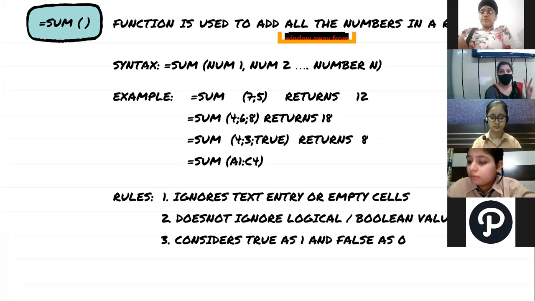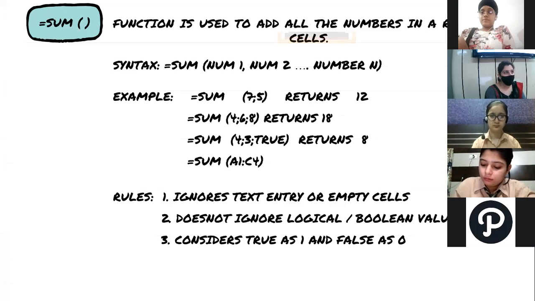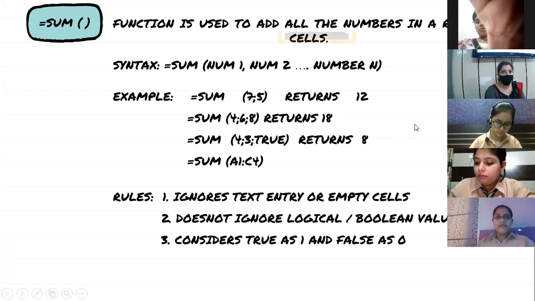We studied that there are 2 states in the computer, on and off. So on means true, off means false. So true will internally have the value 1, false will have the value 0. Clear? On means true, true means 1, false means 0.